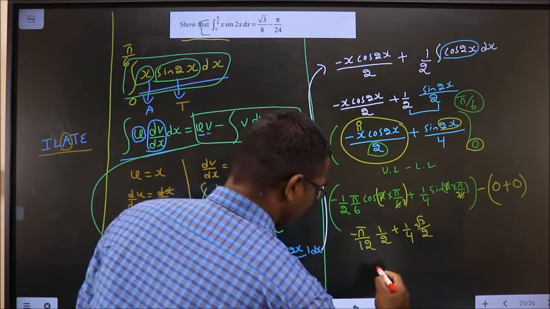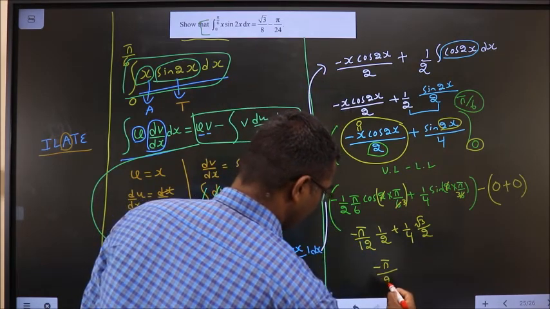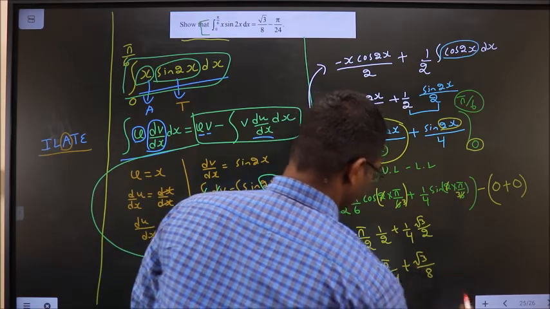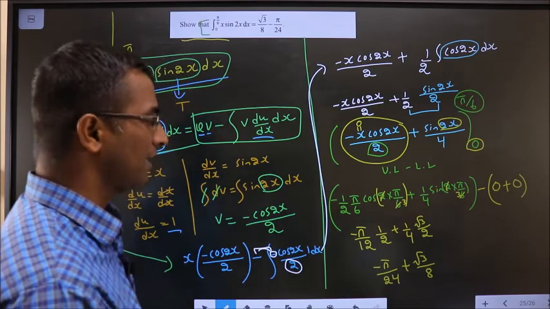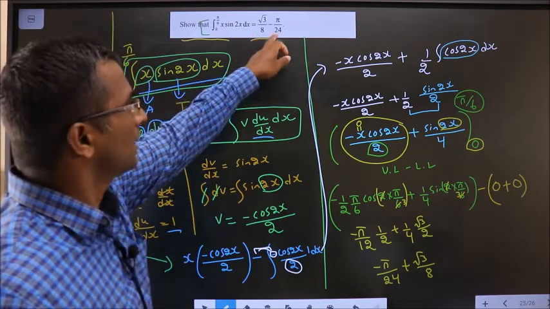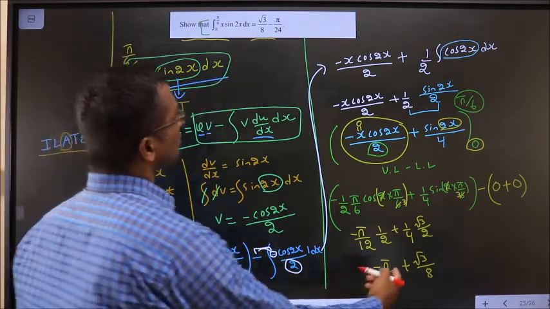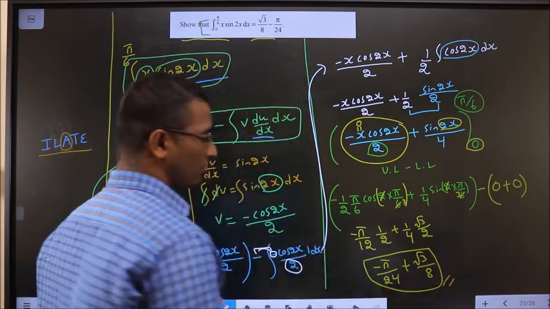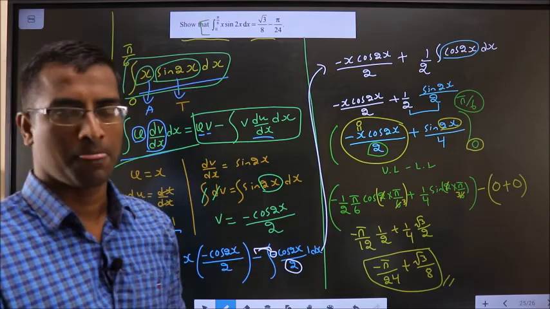Thus, we are left with minus pi by 24 plus root 3 by 8. What we have to show? Minus pi by 24 plus root 3 by 8. So we have got what we were asked to show. Okay.